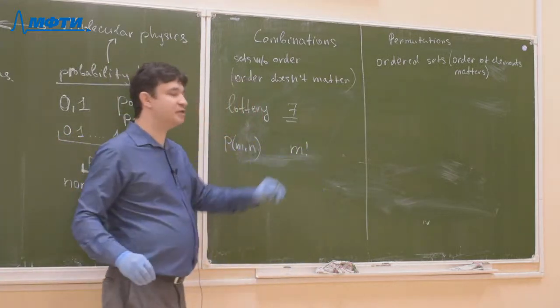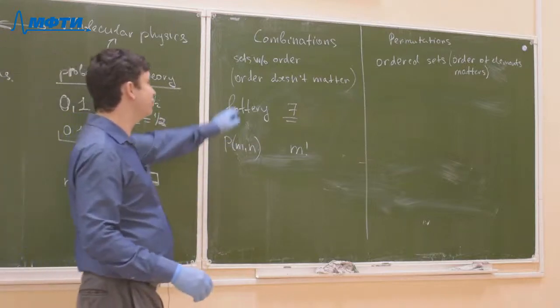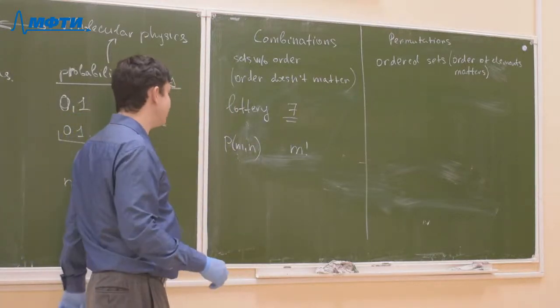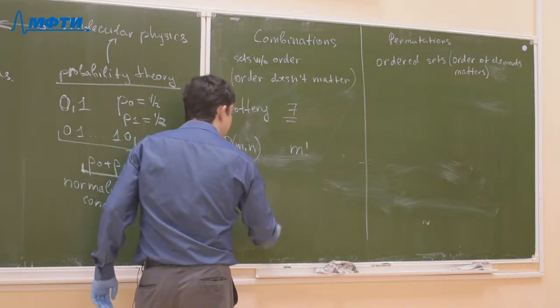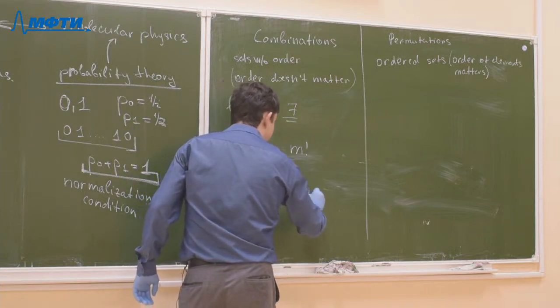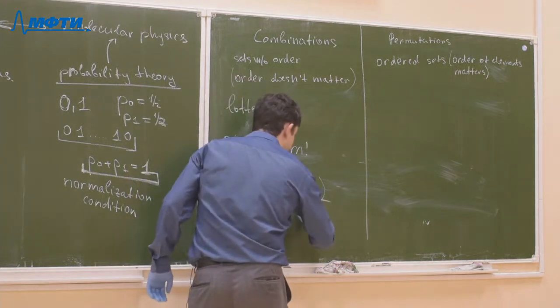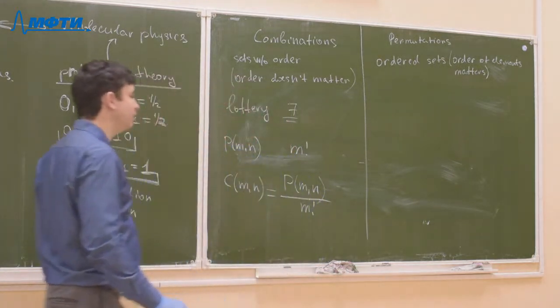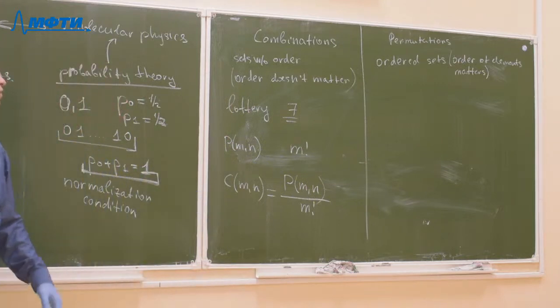Each of these M factorial possibilities represents only one combination. So if I divide the number of permutations by M factorial, I will obtain the number of combinations without repetitions.